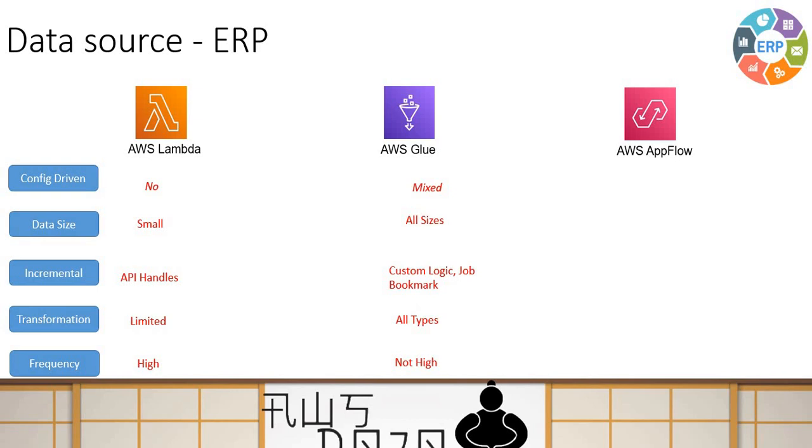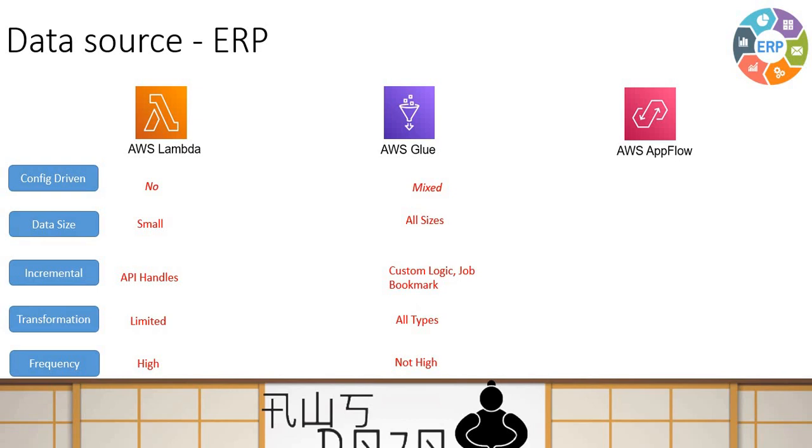You can handle really big sizes of data in AWS Glue, so it can handle all sizes, small, medium, big. It can do incremental data, and there it can use custom logic. In case of an API, the API should ideally handle it, but it can also use a custom logic approach, because in a Glue job I can go for very big memory, big CPU, and my timeout period is very large.